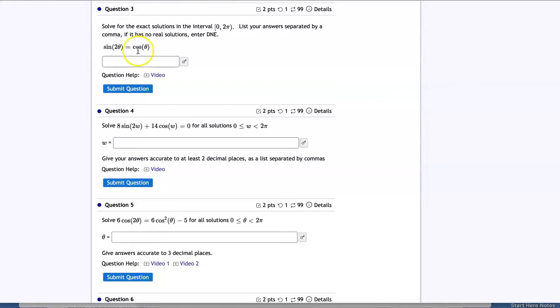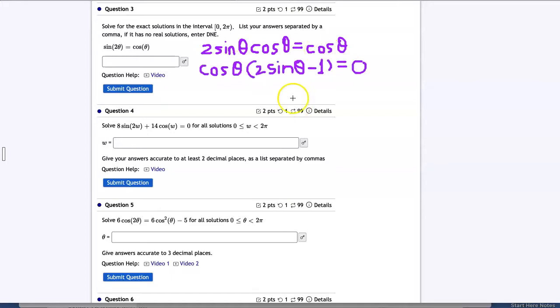So since we can't do that here, what we want to do is replace the sine of 2 theta. Using the back of the book, we see that the sine of 2 theta is 2 sine theta cos theta. So we want to rewrite this. So now we have replaced sine of 2 theta with 2 sine theta cos theta. Now you want to subtract the cos theta from both sides. And then you want to factor out the cosine of theta.